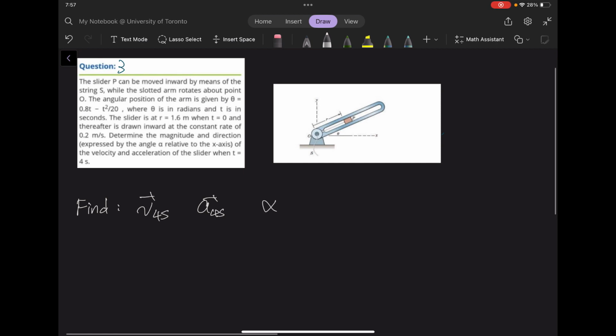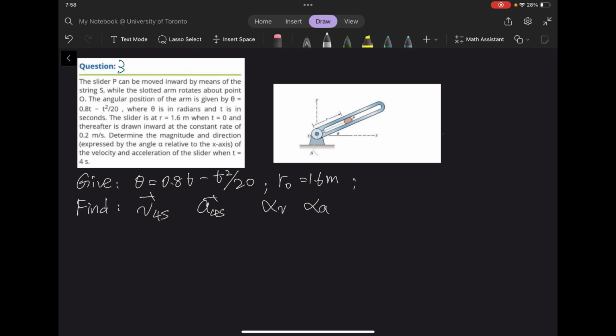We call this alpha v, alpha acceleration. What we have is the expression of theta, 0.8 t minus t squared divided by 20. R initial is equal to 1.6 meter, and the velocity inward is equal to 0.2 meter per second.